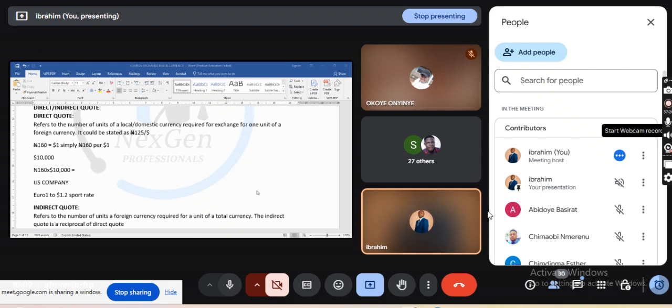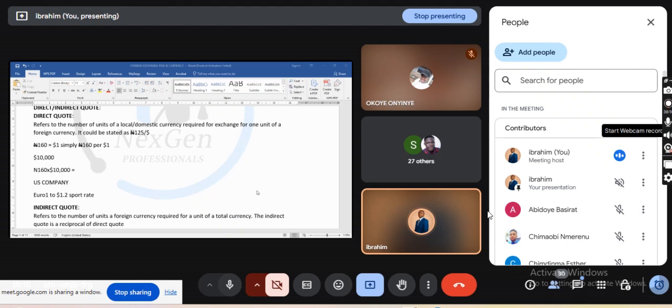What I know is that if that currency is a Nigerian currency, a company that wants to buy goods from overseas, and the spot rate at that time is 125 naira to $1, or 160 naira to $1, it indicates that, if what you want to buy is $10,000, of course you cannot pay in naira.